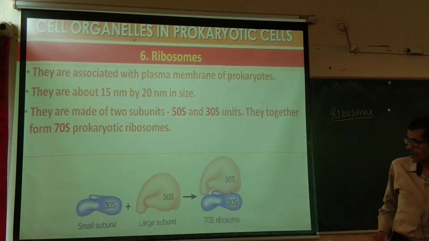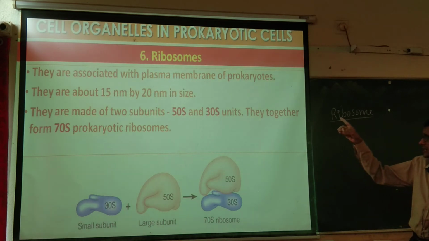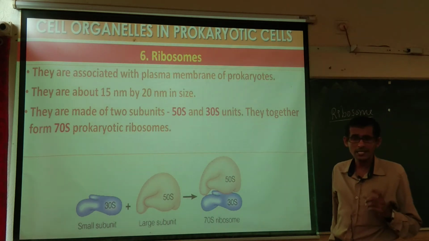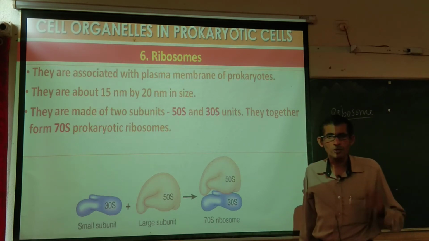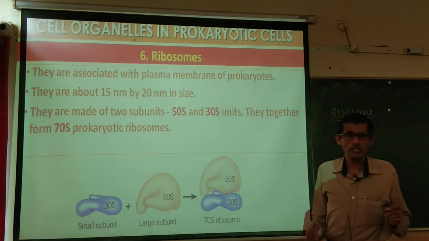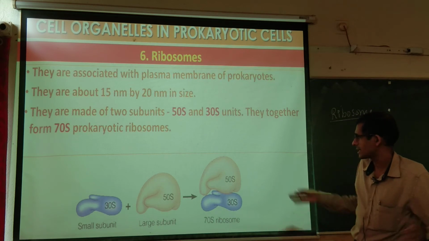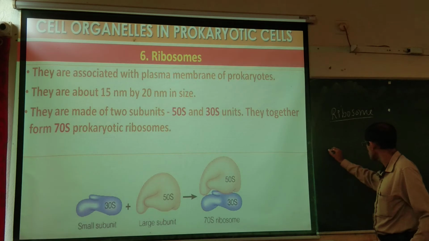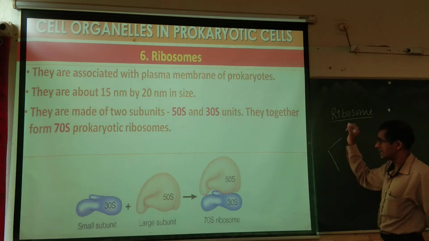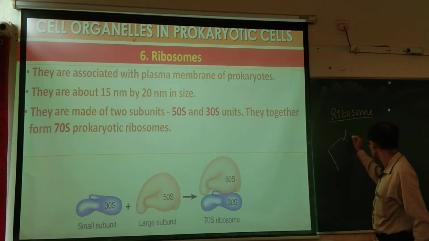They are about 15 nanometer by 20 nanometer in size, that is the size of this ribosome is in the range of 15 to 20 nanometer, and they are made up of 2 subunits, a larger subunit and a smaller subunit.